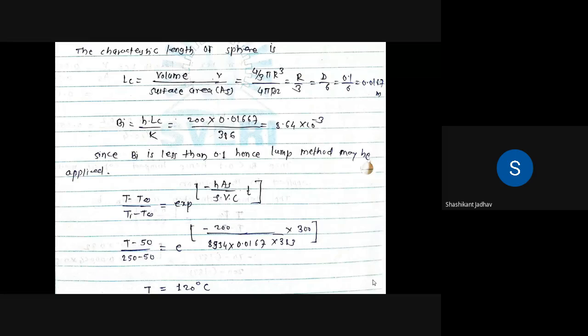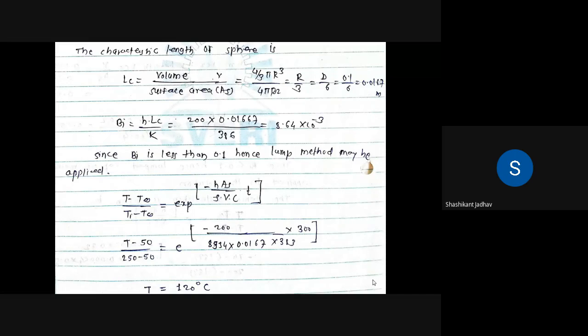So h is given, 200. Lc we have calculated, 0.0167. And k is given, 386. Put the values into this equation and find out the value of Biot number. From that we get the Biot number as 8.64 into 10 raised to minus 3.